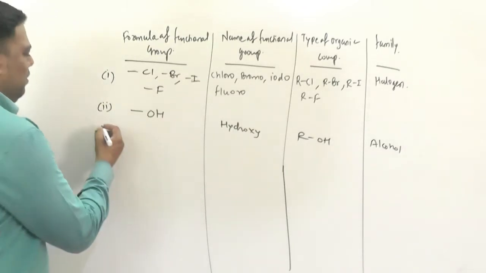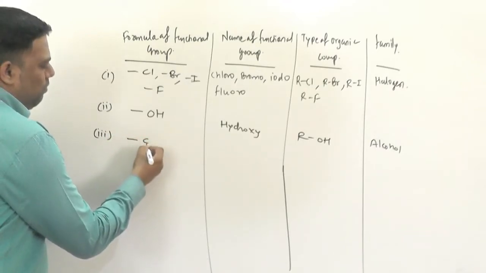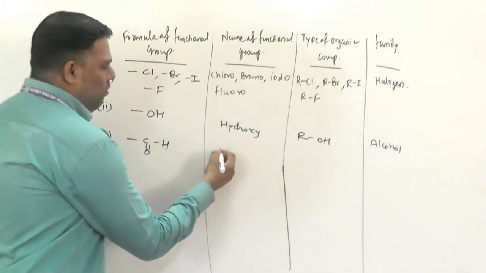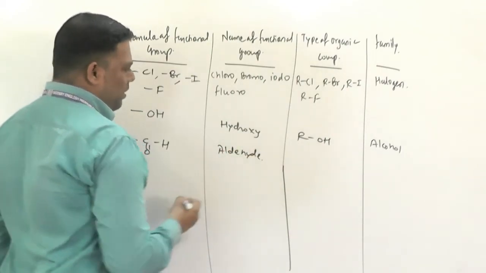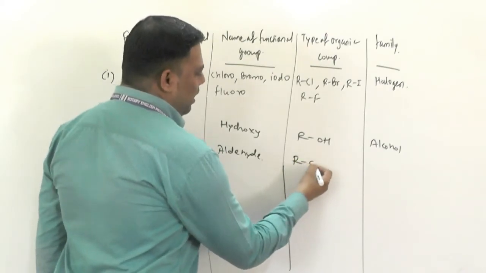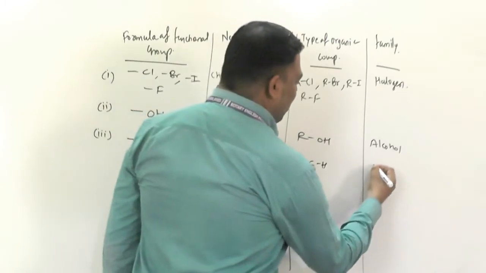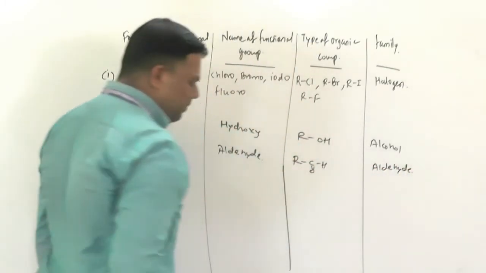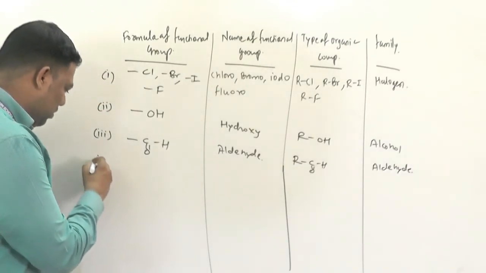Then third, pay attention: the bond C double bond OH. This is aldehyde. Here we can write RC double bond OH, and the family is also aldehyde.